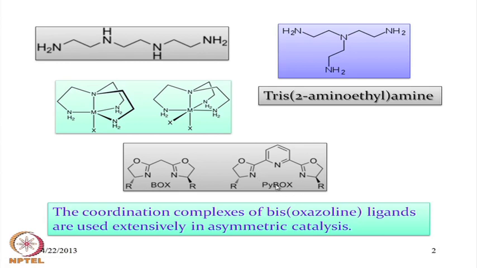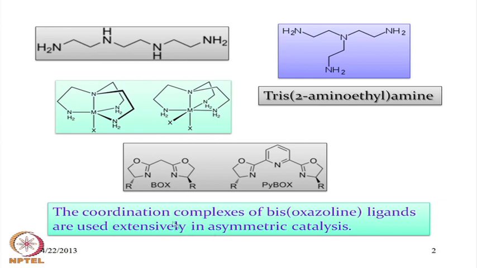So, we get a PyBox ligand. PyBox is a typical tridentate ligand, but it is different compared to the pyridine ligand, because the geometry is different, its coordination is different, and the corresponding metal-nitrogen bond distance and the strain on the ligand are also completely different.